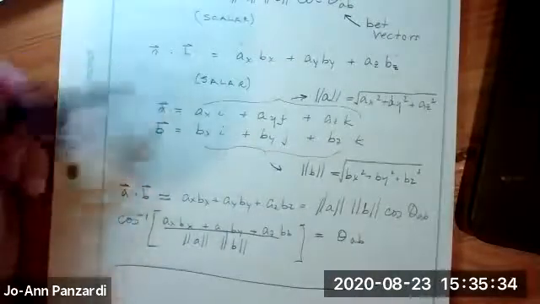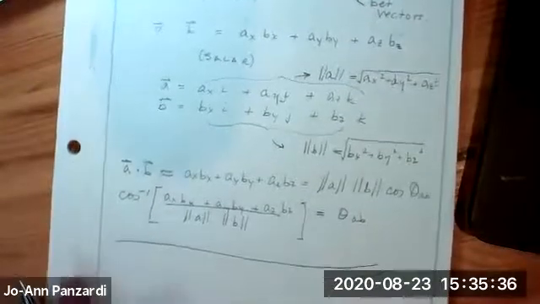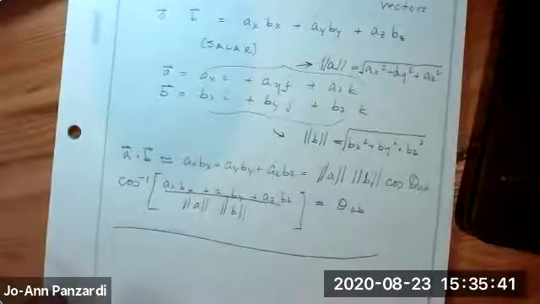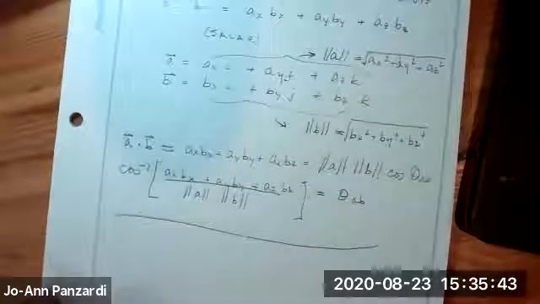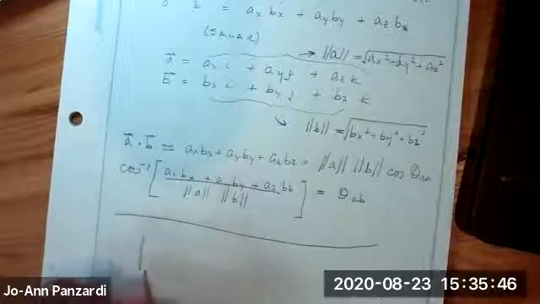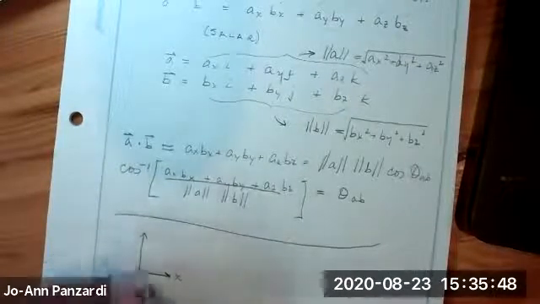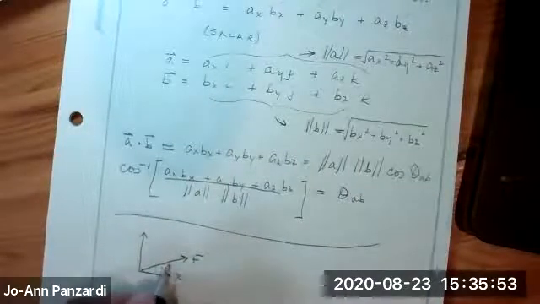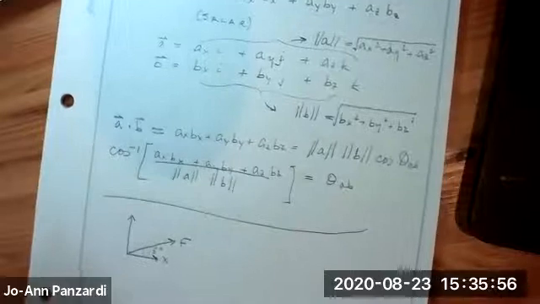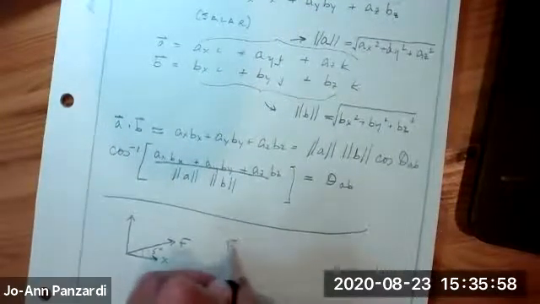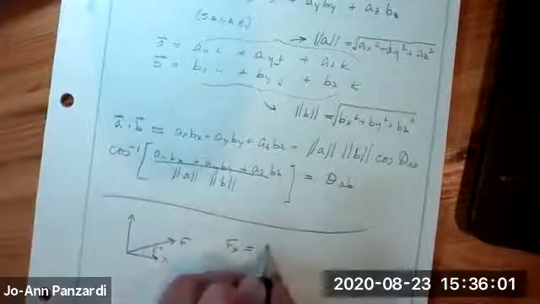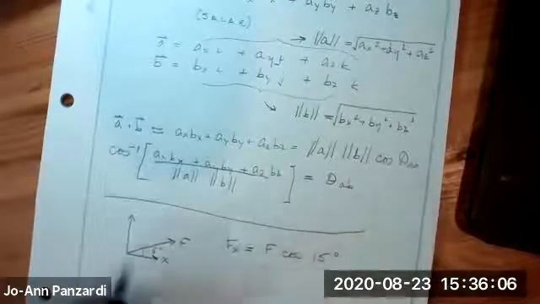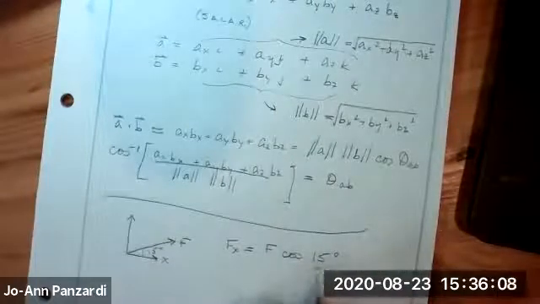Now the question is, what does it all mean? At some point, when we were finding components of forces and a problem gave you an angle, for instance, you had some force that had an angle of 15 degrees, if I wanted to find Fx, the x component of the force, I know it's the F component times cosine of 15 degrees, because this is our direction angle.